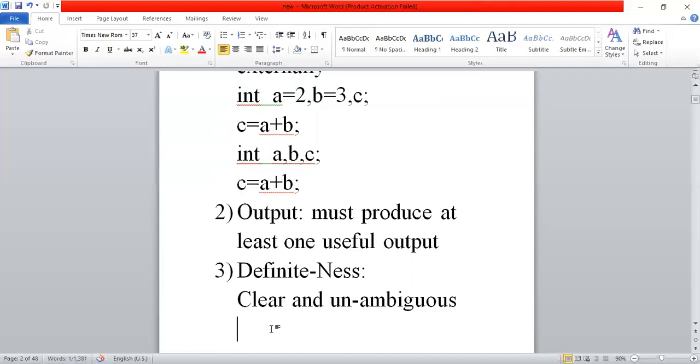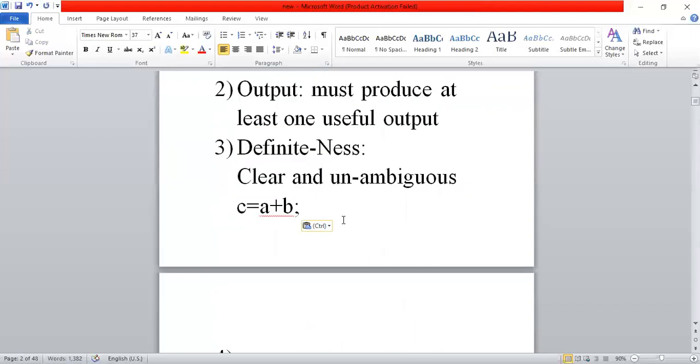I will take an example here. Suppose we take the statement C equal to A plus B, where A and B are of type integer. Through this instruction, we are informing the compiler to add two numbers A and B and store the result in C. Only one meaning is there.